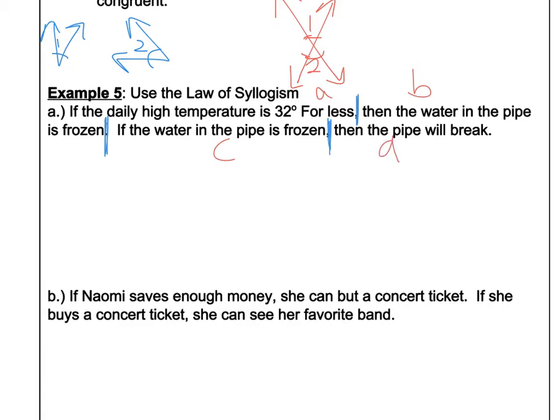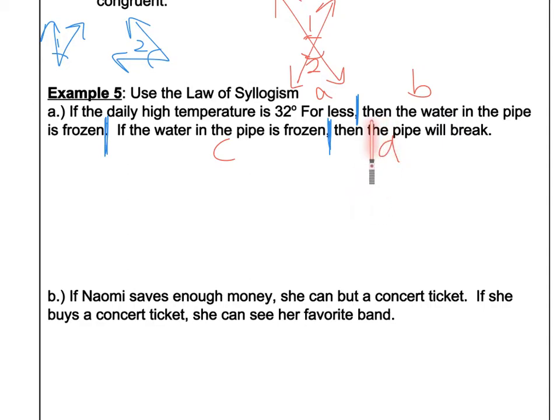So now we want to come up with a statement that concludes this. What you do is look for the parts that are repeating themselves and take them out. So if you look here, what parts do you think are repeating? That's right.